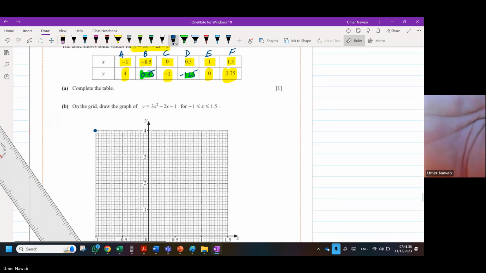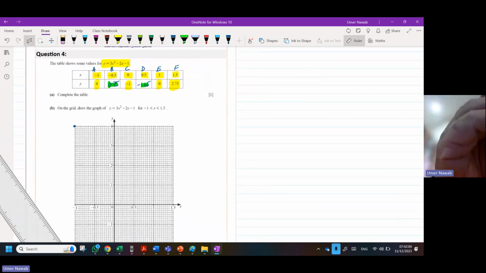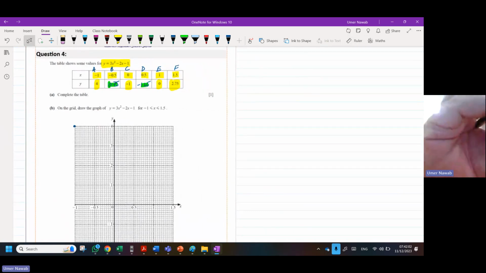Then (minus 0.5, 0.75), approximately, this will be the point. (0, minus 1), this is the point. (0.5, minus 1.25), here you go. (1, 0), this one. And then (1.5, 2.75).